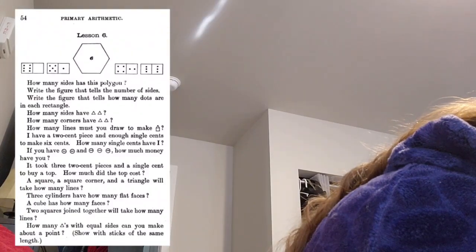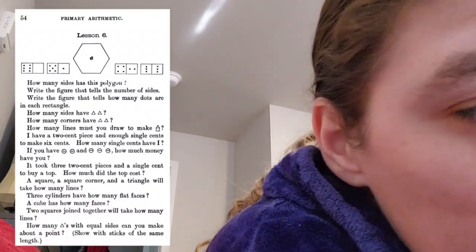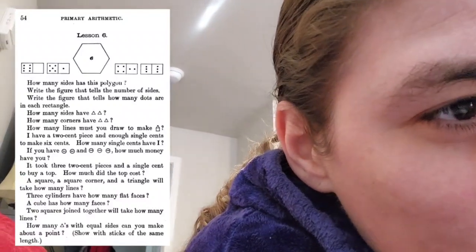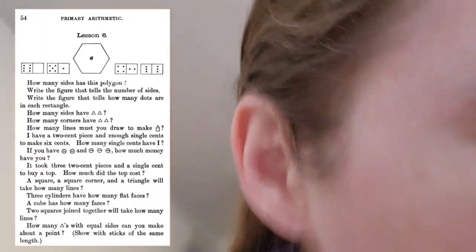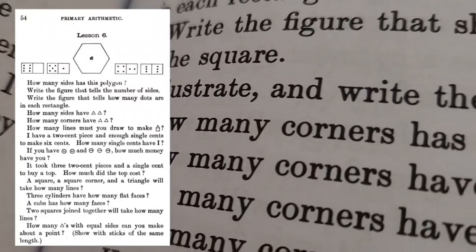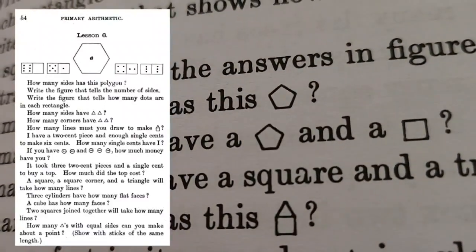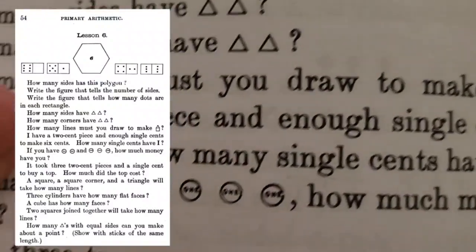I'm gonna say that's 2 2-cent pieces and 3 single cents. I don't know. I need to see this because I think there's writing in here and I can't see the writing. So if I can flip you over and let's see here. We haven't got to that page yet.